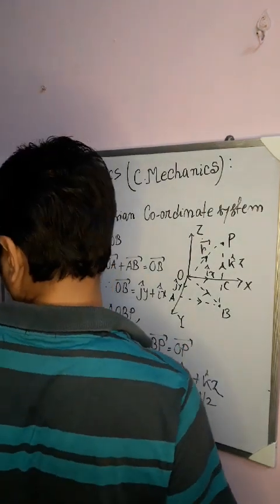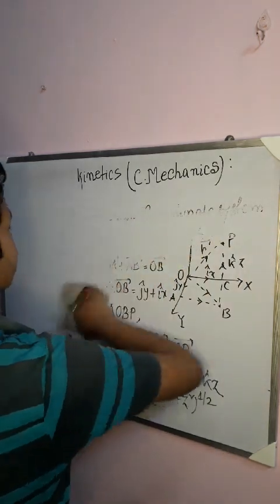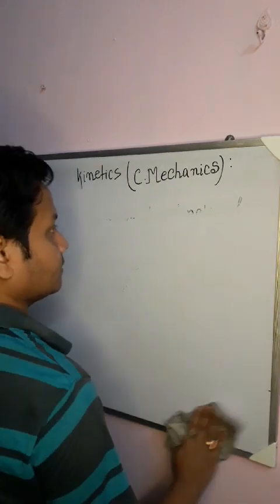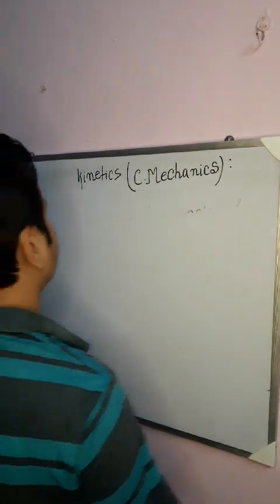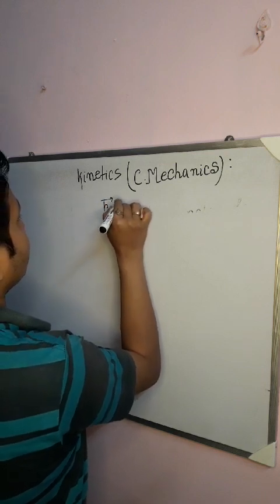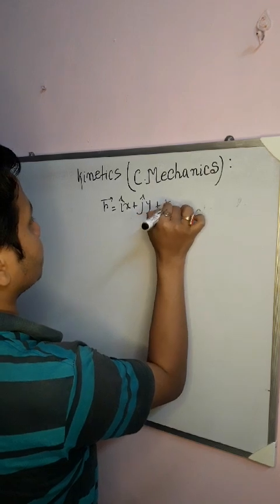If you look at the expressions for velocity and acceleration, you also know them from higher secondary physics. In Cartesian coordinates, r is i cap x plus j cap y plus k cap z.